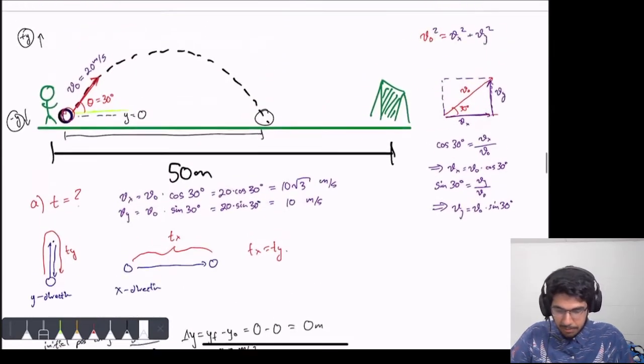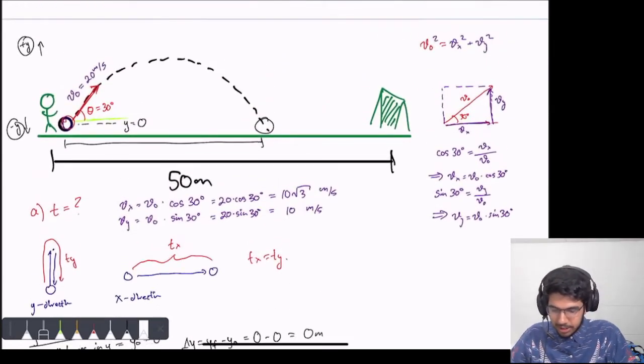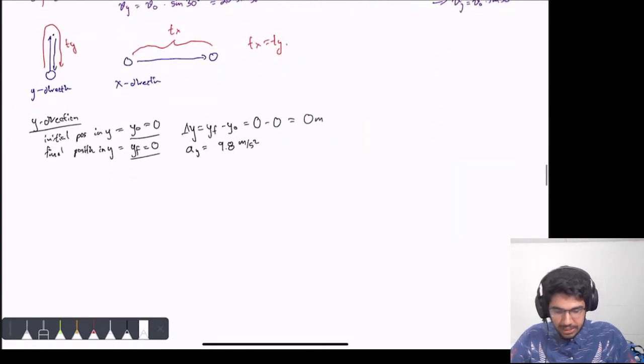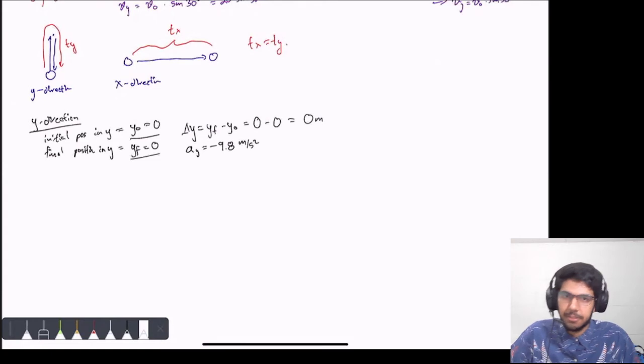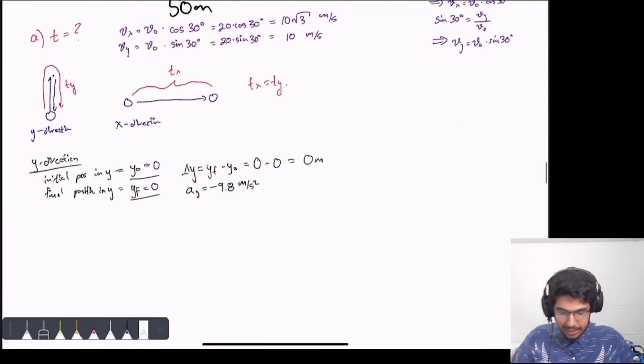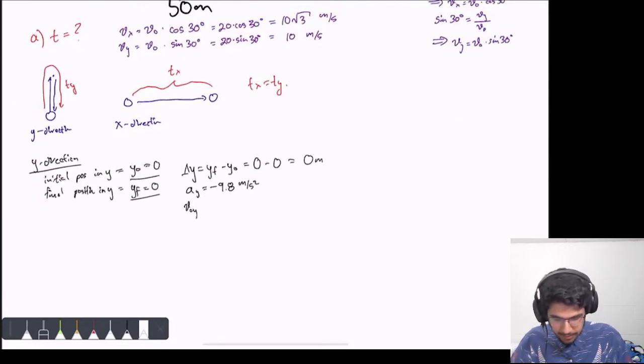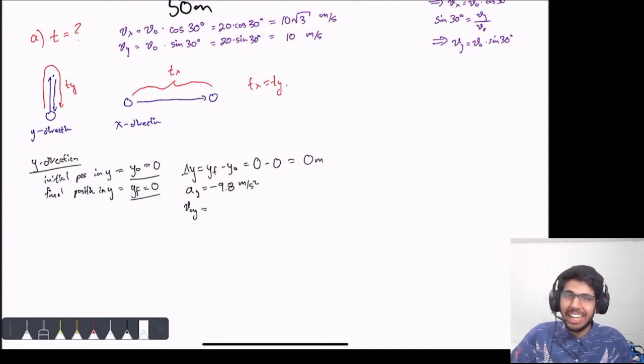But because of how we define the directions, and saying that downwards is negative y, we need to make acceleration negative 9.8 meters per second squared. And finally, we know that the initial velocity in the y direction, which I denote VOY.